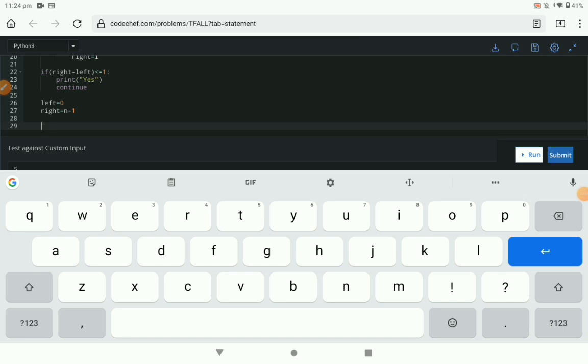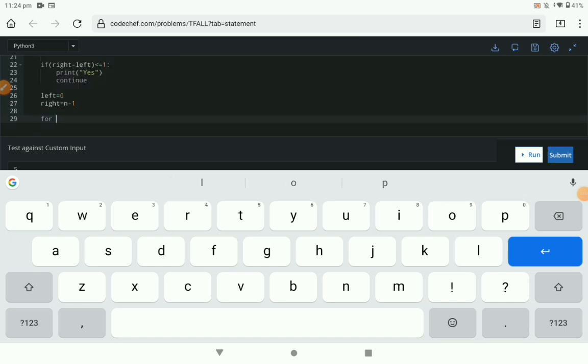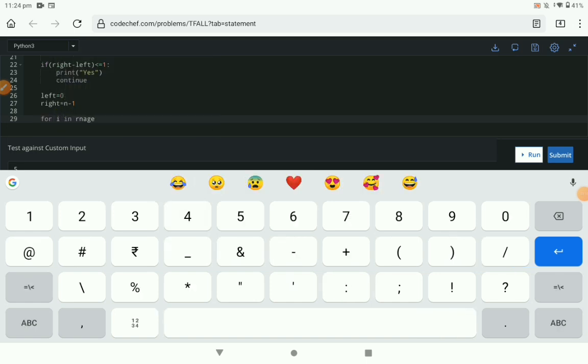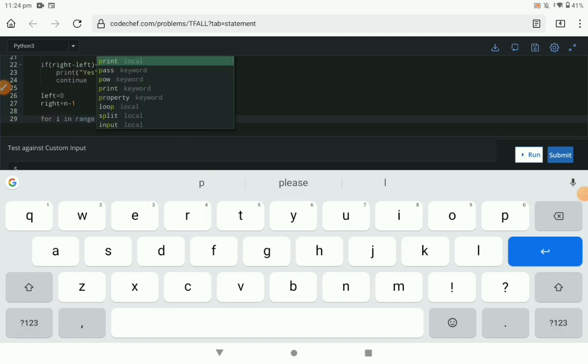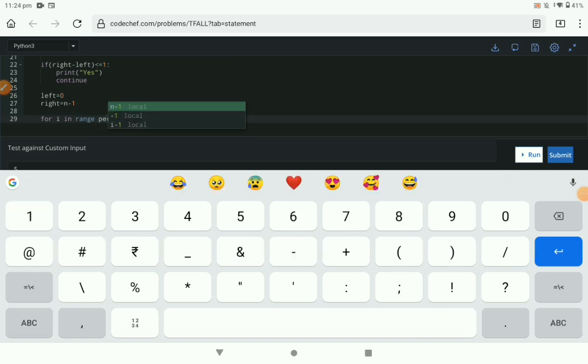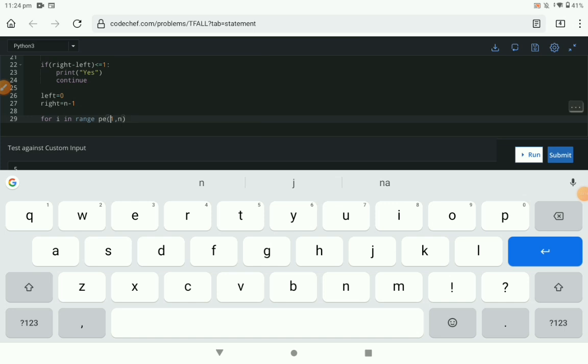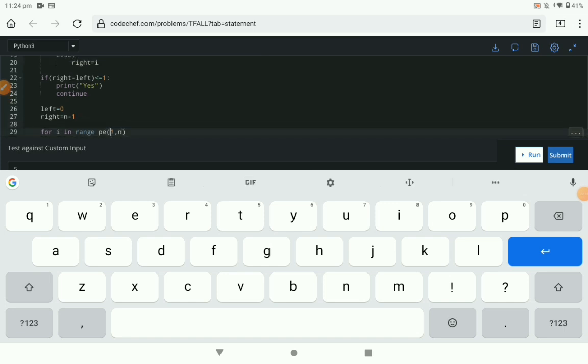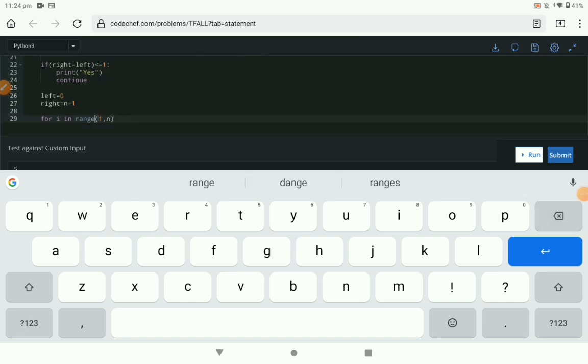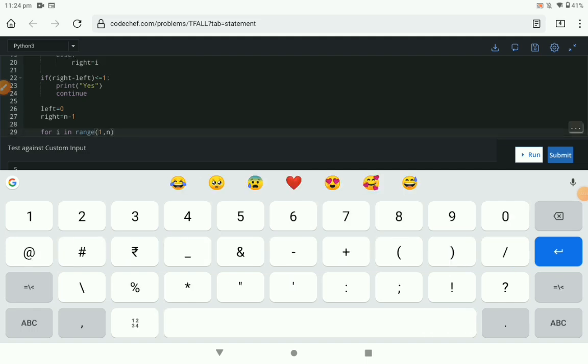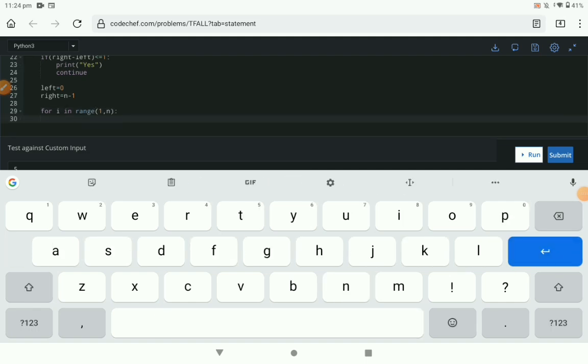Now we will again run a for loop for i in range 1 to n. Is that clear?